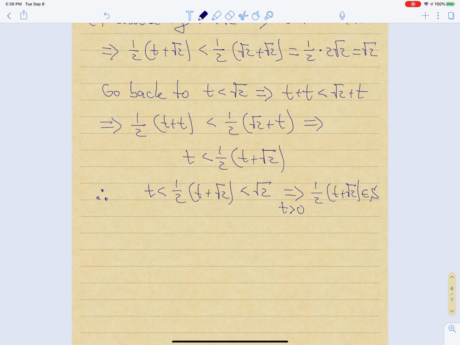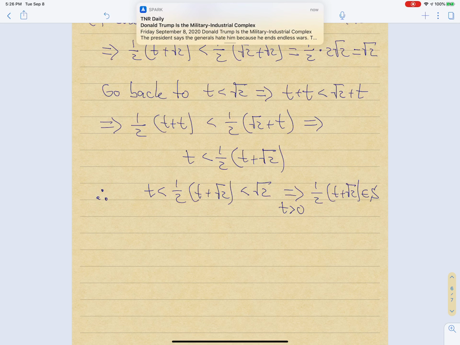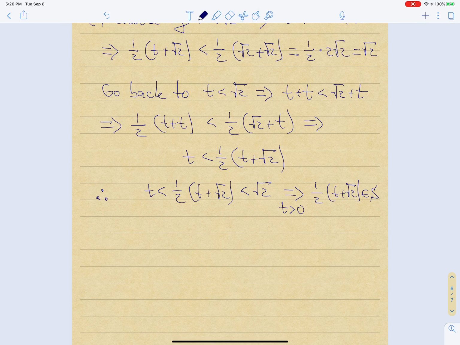What is the easiest number to consider between t and radical of 2? That would be the average, right? So basically what I proved is that the average of t and square root of 2 is an element of S. And not only that, the average of t and square root of 2 should be, by default, bigger than t, because t is less than square root of 2. So what I found is an element of S which is above t, and that proves that square root of 2 is actually the least upper bound.